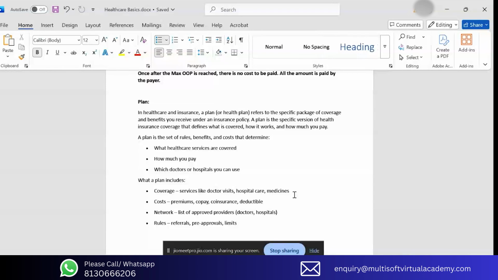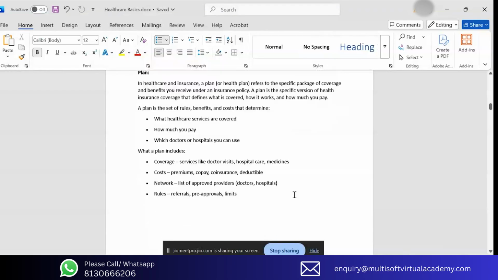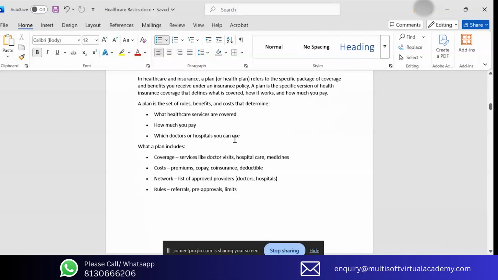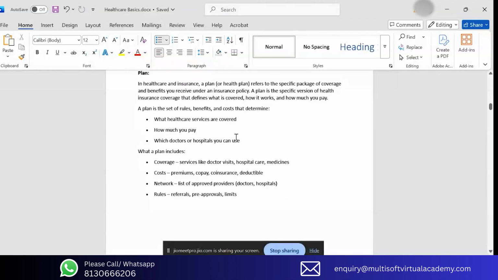So that is how a plan is decided. The basic rule is to reduce the maximum amount, and you'll be able to get the benefit out of the insurance you have taken.